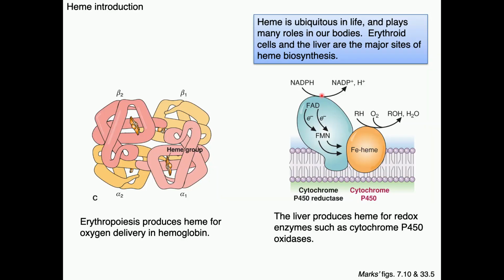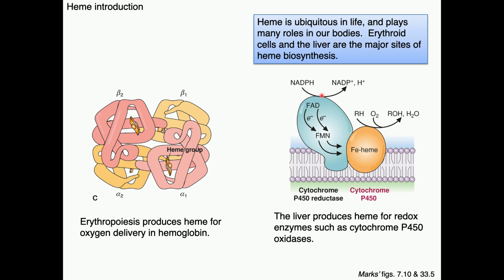Now heme has a lot of functions within our body. We're going to focus on its function in hemoglobin because that's the topic of the course that you're in right now. But heme is important for some enzymes on the electron transport chain. Cytochrome P450 enzymes use heme. Myoglobin in muscle uses heme.